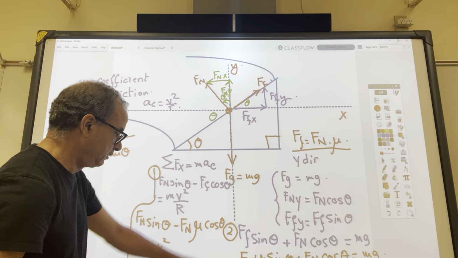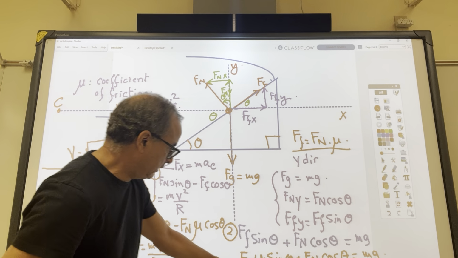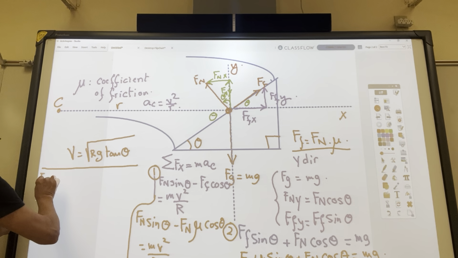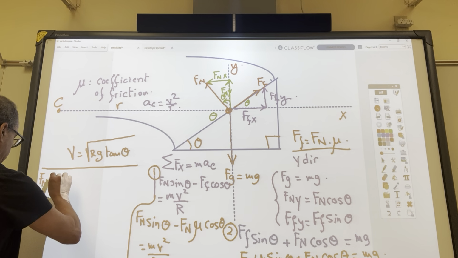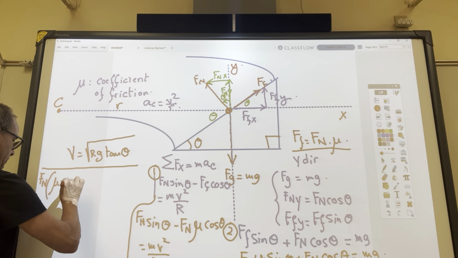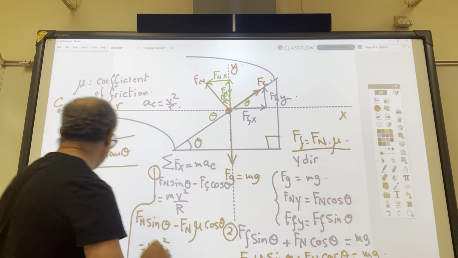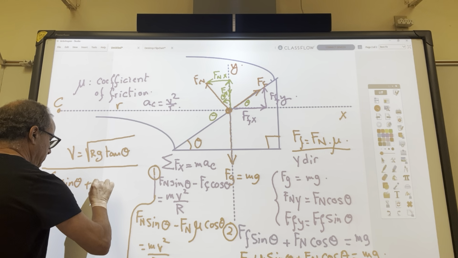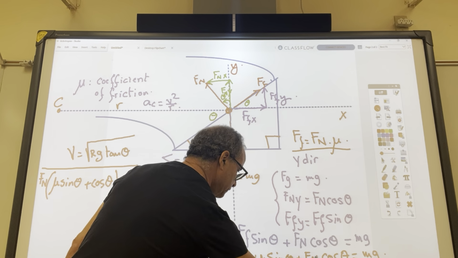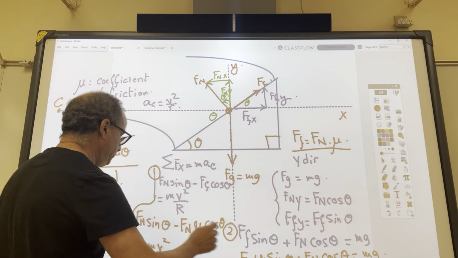I'll work on the other one first. I factor out the Fn, so I have Fn times mu sine theta plus cosine theta, and that should be equal to mg.